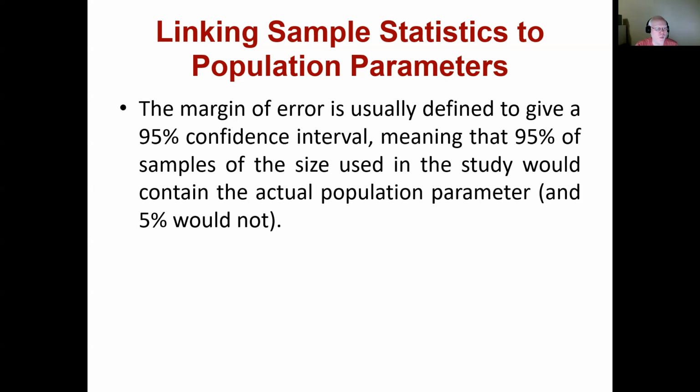So why do we say 19 out of 20? Because 19 out of 20 represents 95% of samples. So we should expect to have probably one weird sample where there's a little bit of difference in those 1,000 people, so its confidence interval doesn't include the true population parameter, but 19 of them should.